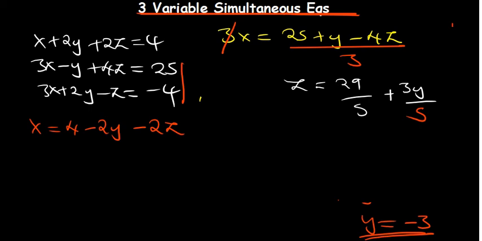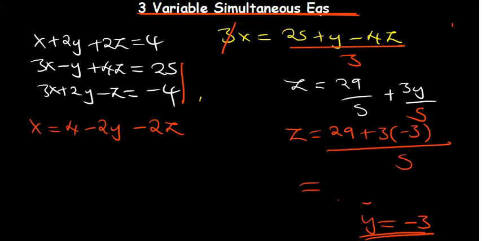So our z is equal to 29 plus 3 times negative 3 for y, and then over 5. So 29 minus 9 is 20. 20 over 5 is what? Is a 4. So we have y negative 3, and then z is 4.